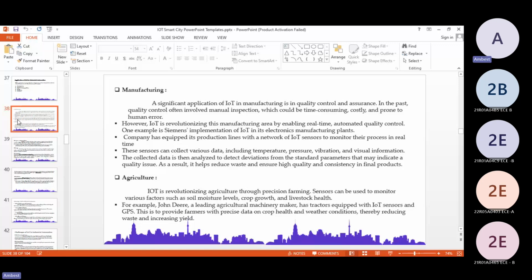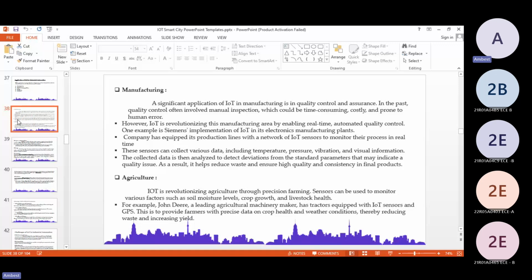Coming to automotive production manufacturing, IoT helps with a network of sensors. With the combination of sensors and a network, the whole process is monitored as it happens in real time.